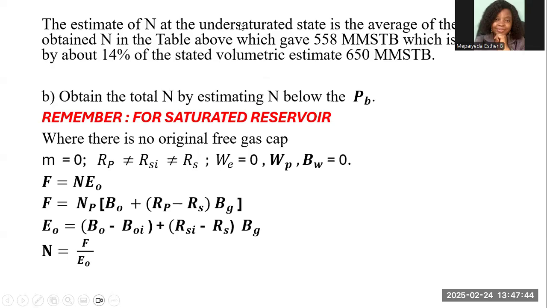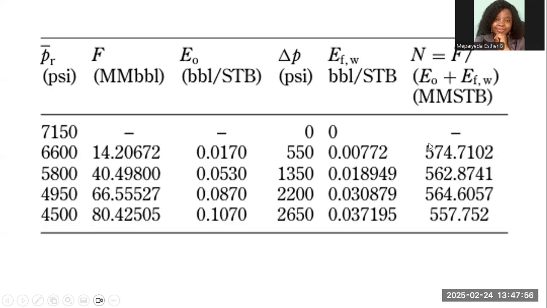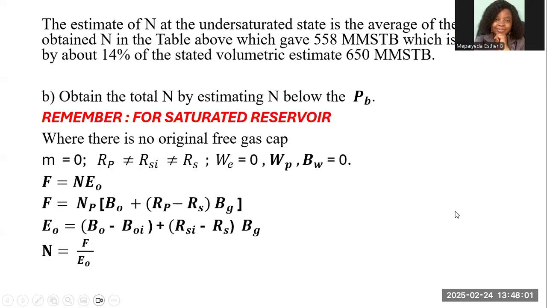The estimate of N at the undersaturated state is the average of the obtained N, like we did in question 1 that we treated, the example 1. So you take all this together and take an average. If you take an average, you are likely to have something close to this.